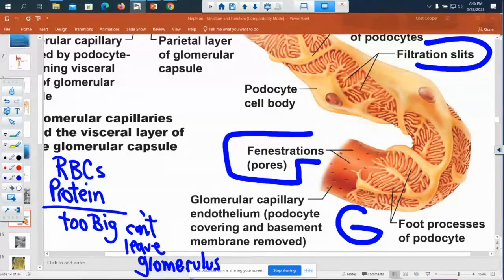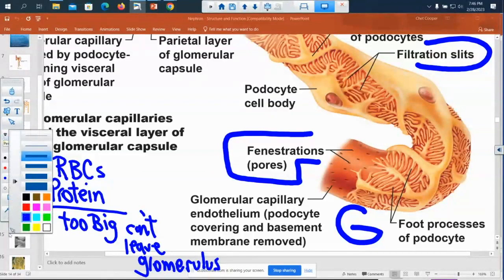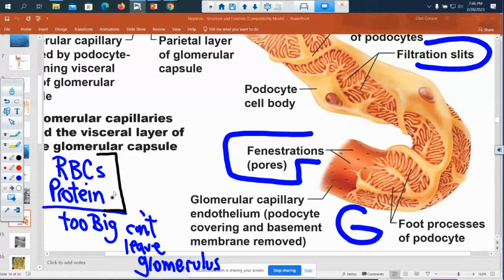But this means that in a normal situation, red blood cells and protein should not be in your urine because they're too big. So what if they are there?